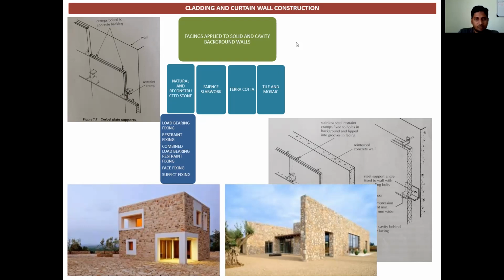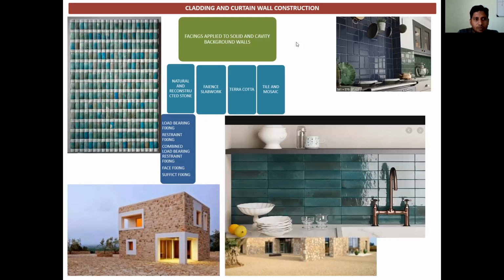One more method is the faience slab work. That is the method in which material is burnt in kilns. With this burnt brick method, burnt casting and color castings, then casting with different material mixings, the creation of this kind of tile work is called faience slab work.